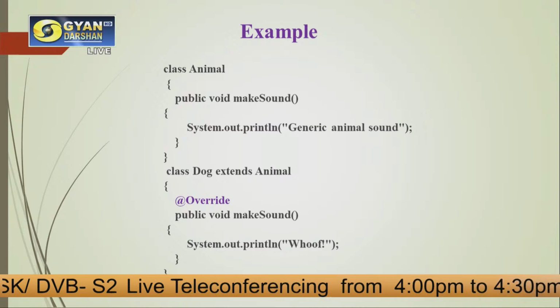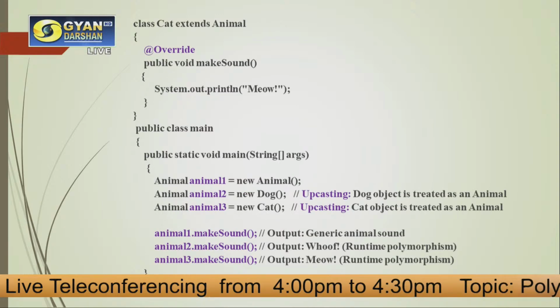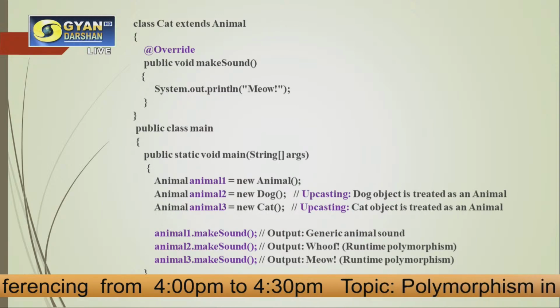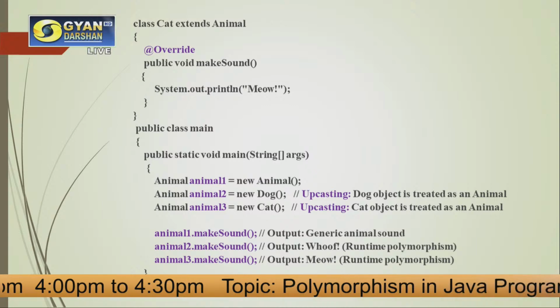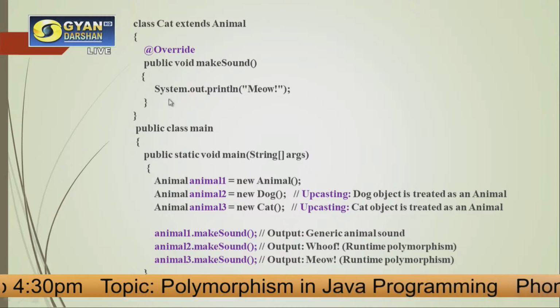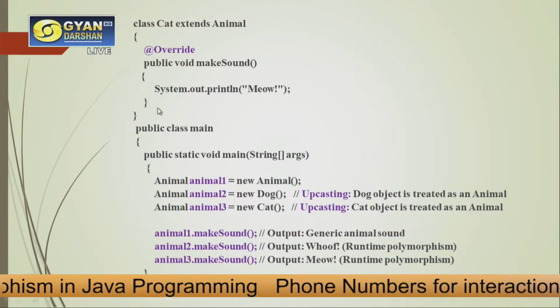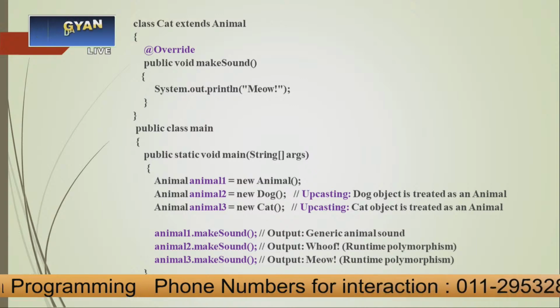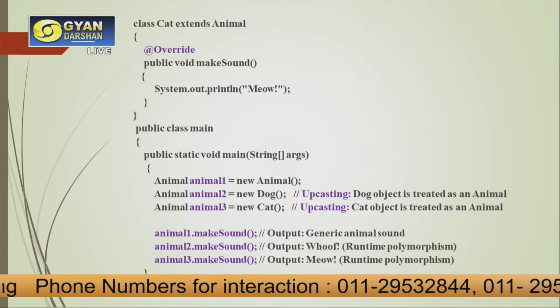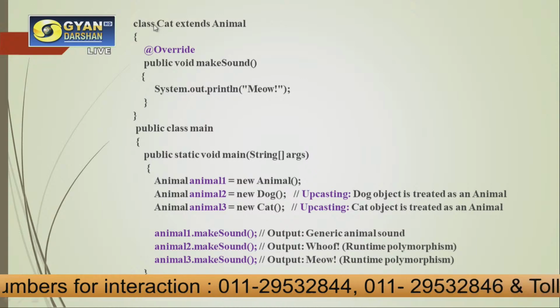Similarly, another class is there, that is cat, and this cat class is again overriding the make sound method, and the implementation of the make sound method is as per the specific requirement of that particular derived class, in this case the class cat.